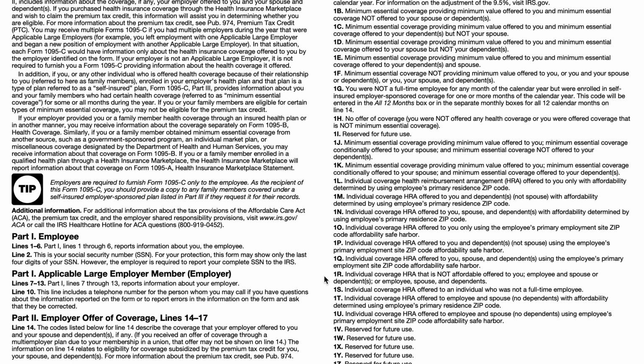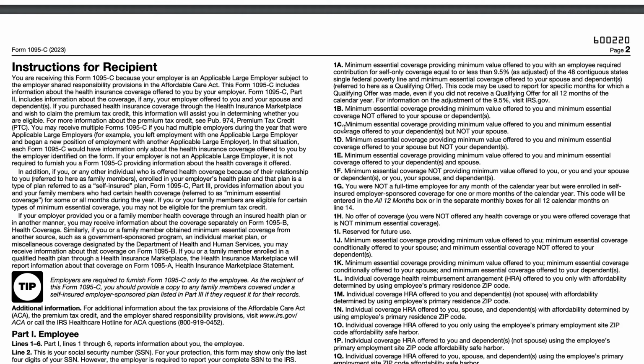So under all of these categories, there's minimum essential coverage, which provides a minimum value to an employee, but the self-only coverage premium, so the premium for just the employee, is equal to or less than 9.5% of the figure that's calculated by the federal government, representing the 48 continuous states single federal poverty line amount.